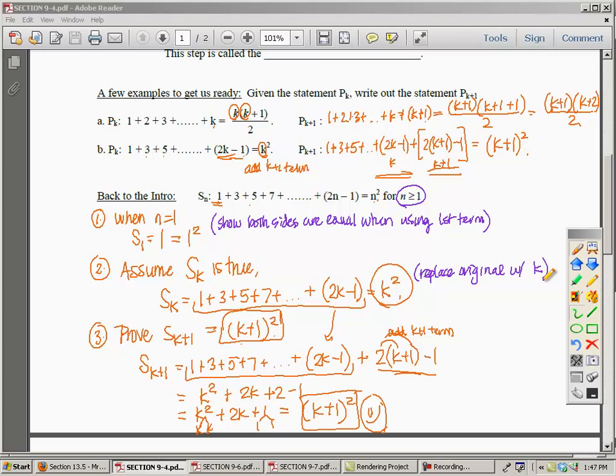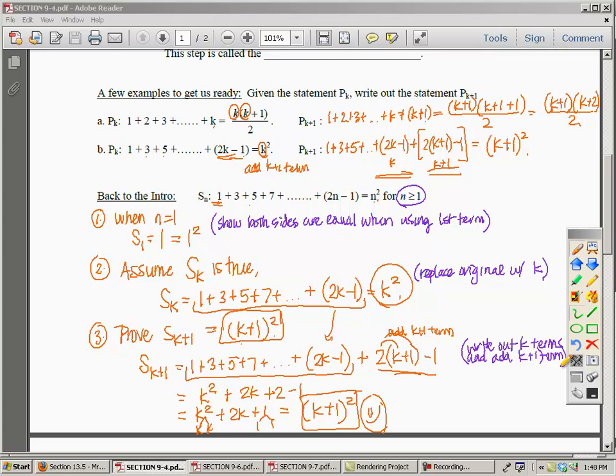So I plug in the K plus 1 for my N, and then I'm going to use the sum. I'm going to write out the K terms and add in the K plus 1 term.